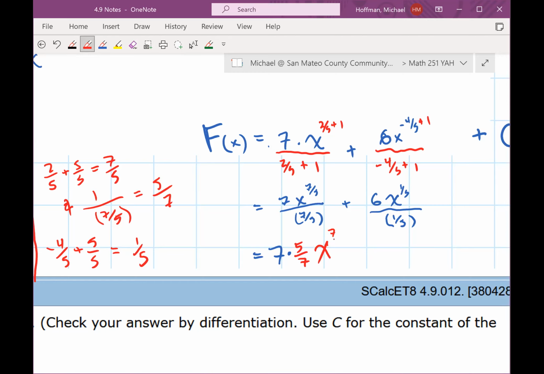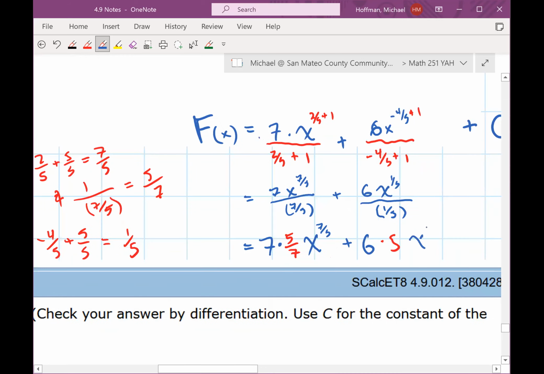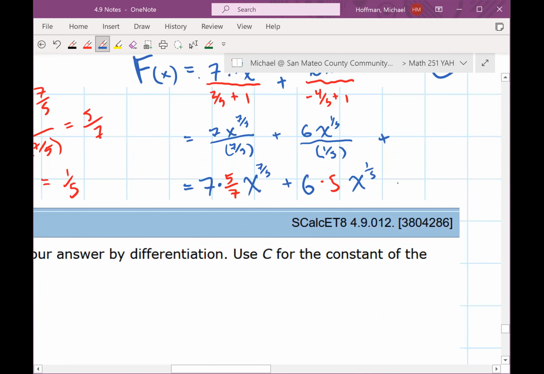That reciprocal is going to be 5/1, or 6 times 5, x to the 1/5 power. And there's a plus c all the way down.